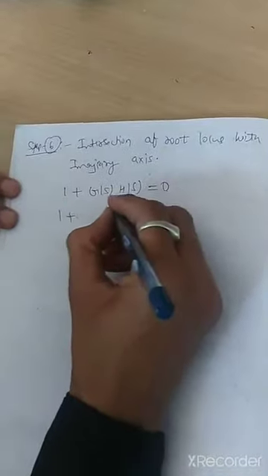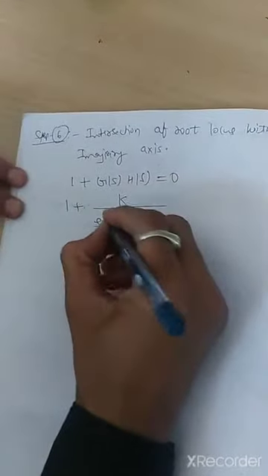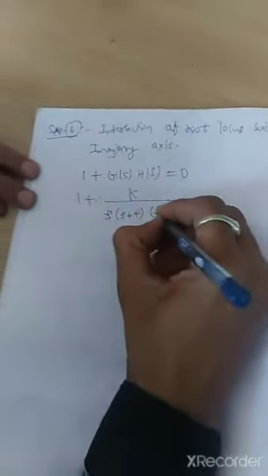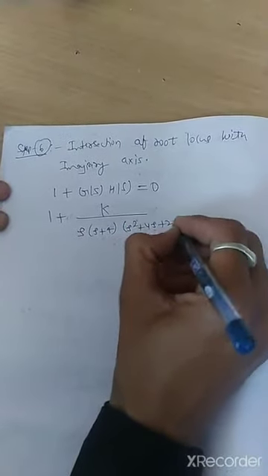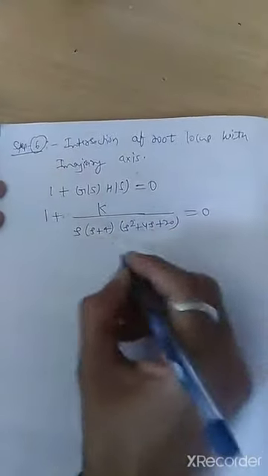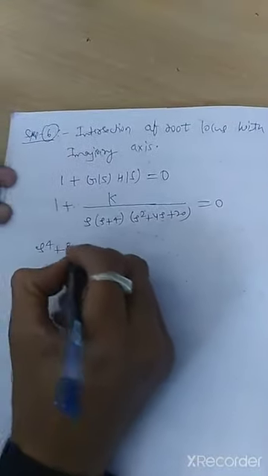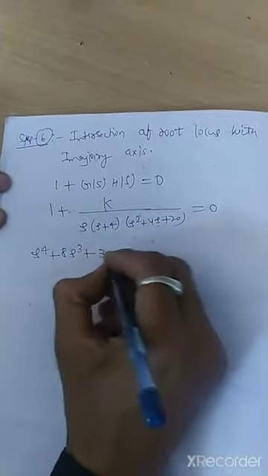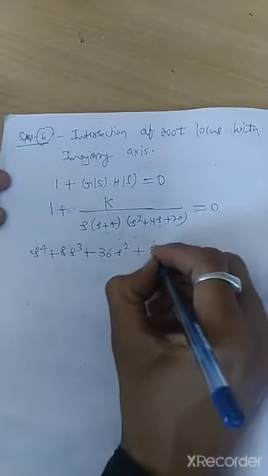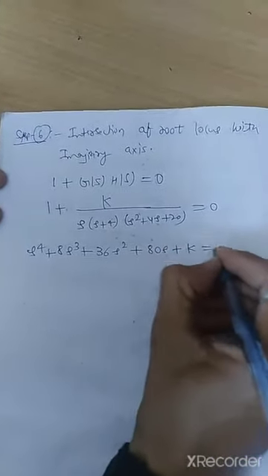So 1 plus G(s)H(s), as it is given, is K over s plus 4 times s square plus 4s plus 20, equal to 0. As we solve this, we will find s4 plus 8s cube plus 36s square plus 80s plus k equal to 0.